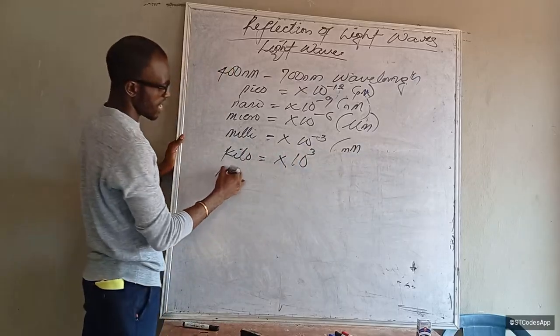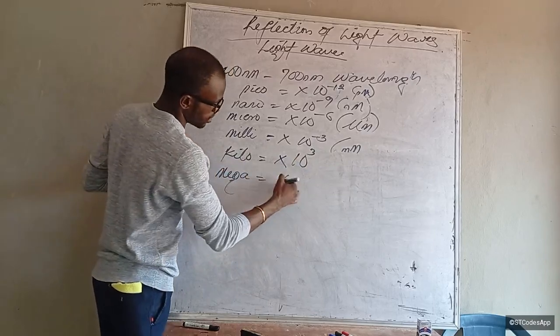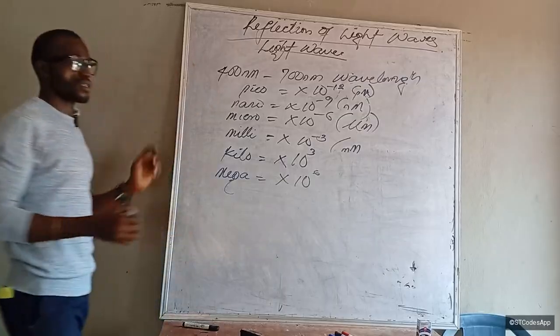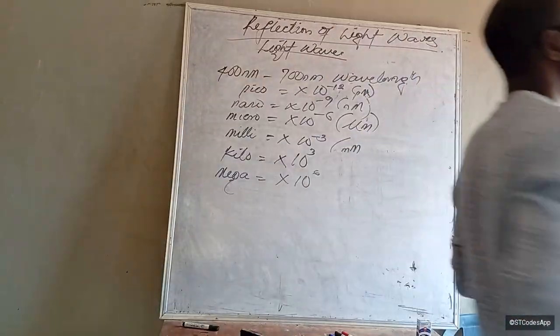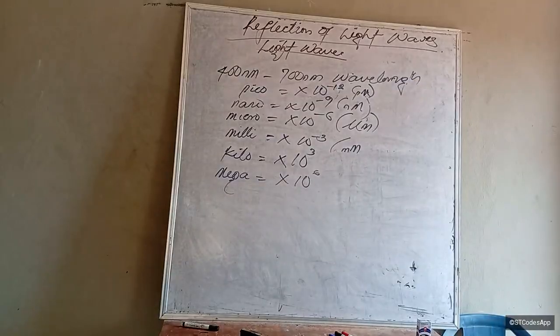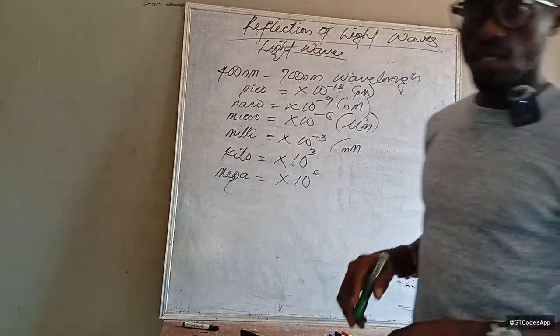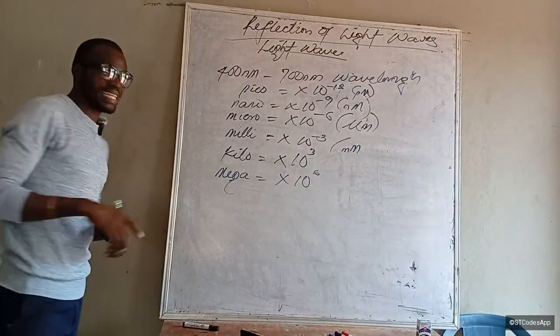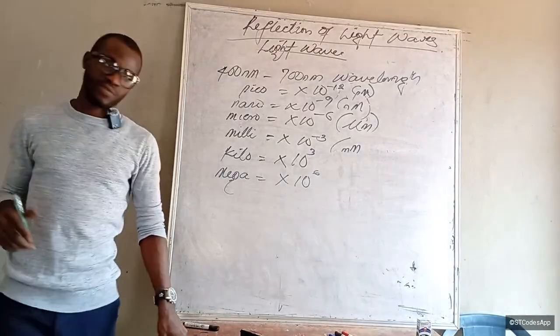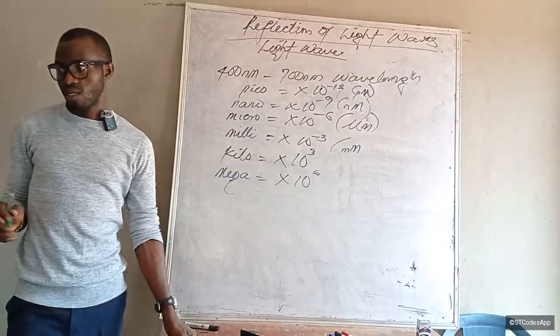If you hear mega, this is times 10 to the power 6. Then tera, times 10 to the power 12. Good. Is it clear? Alright.